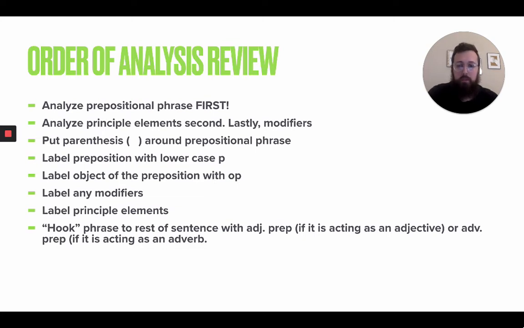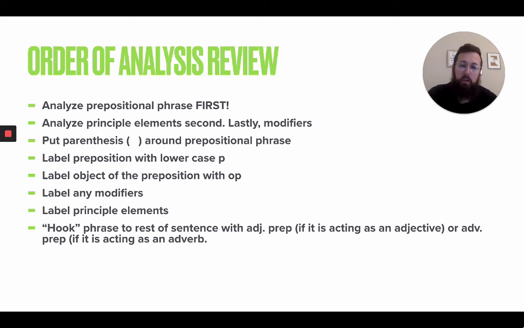The preposition is labeled with a lowercase p underneath. The object of the preposition is labeled with an OP underneath it. And then we label any modifiers within that prepositional phrase. Once that's all done, if there are any other prepositional phrases, you need to analyze those. Then you move on to labeling all the principal elements.